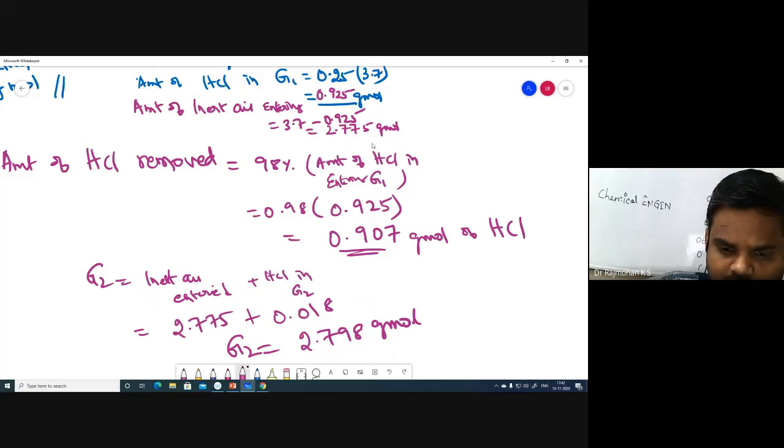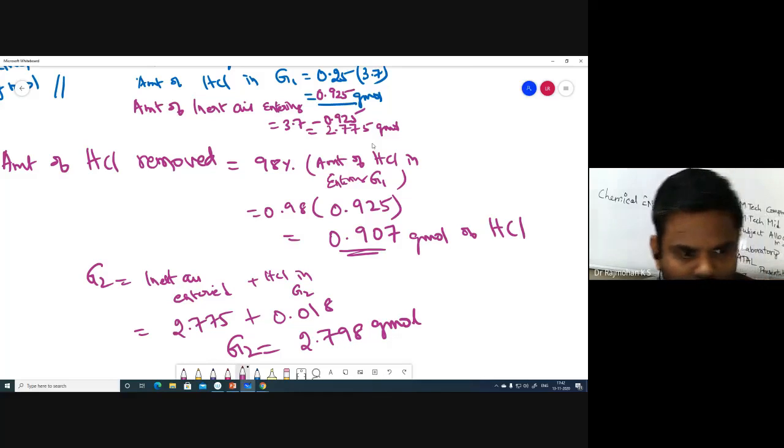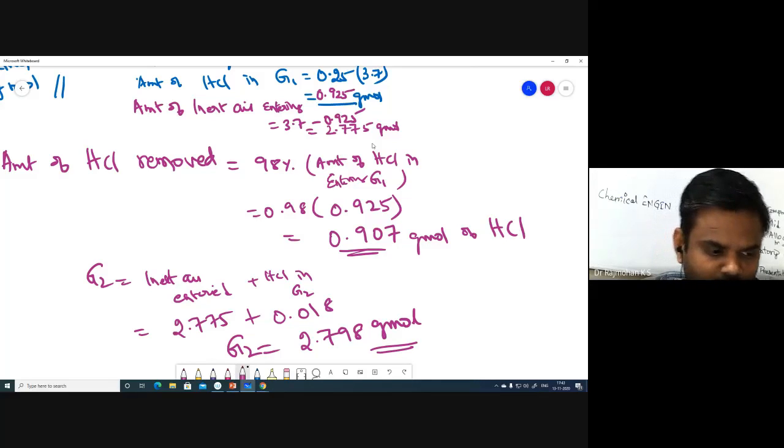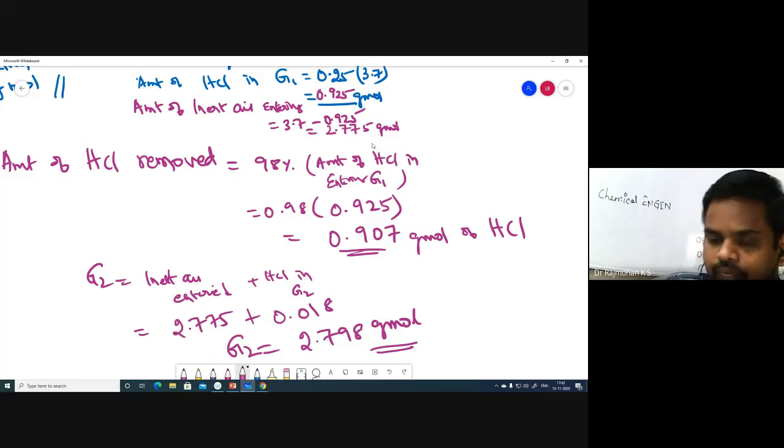What is G2? This is the gas stream leaving. So what is the question? First question, what is the volume of the gas leaving per 100 liter of gas entering? So what we have determined is in gram moles, and what you have to report is in terms of volume. So again, for that we will make use of the conditions, right? N value you have, right?